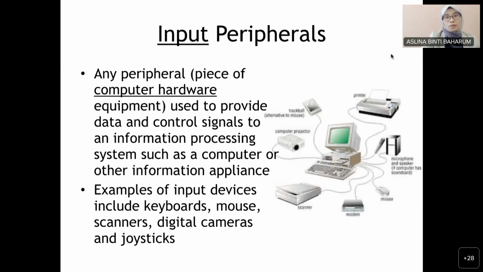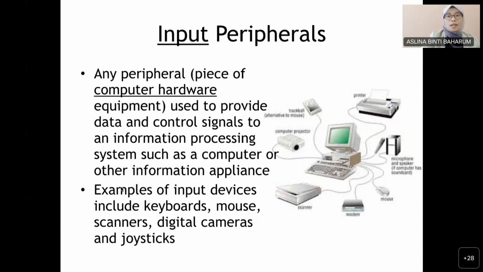So this is the display image of all the peripherals, which part is input, output, and also storage. So first, input. Any peripheral piece of computer hardware used to provide data and control signals to an information processing system such as a computer or other information appliance.